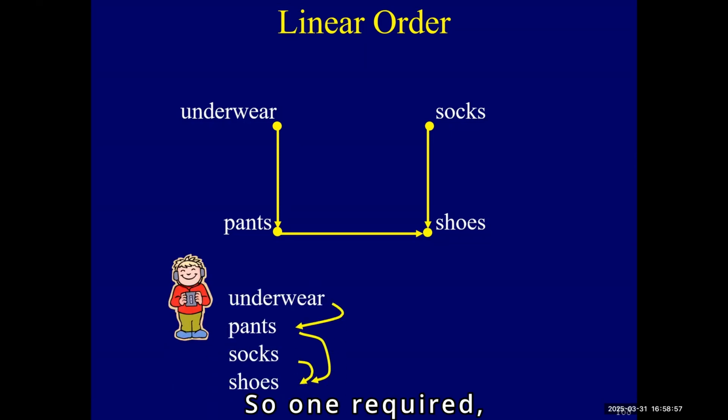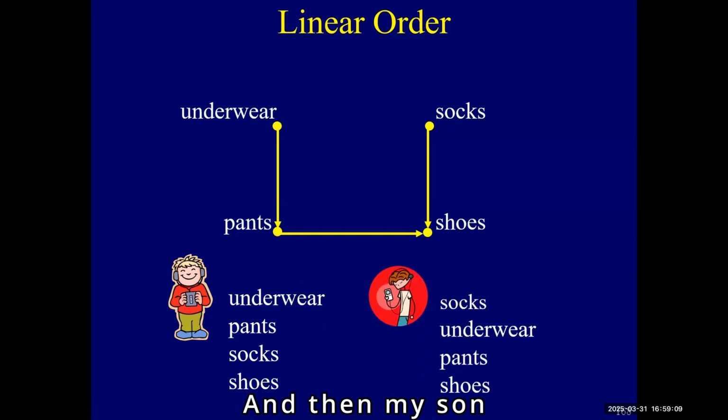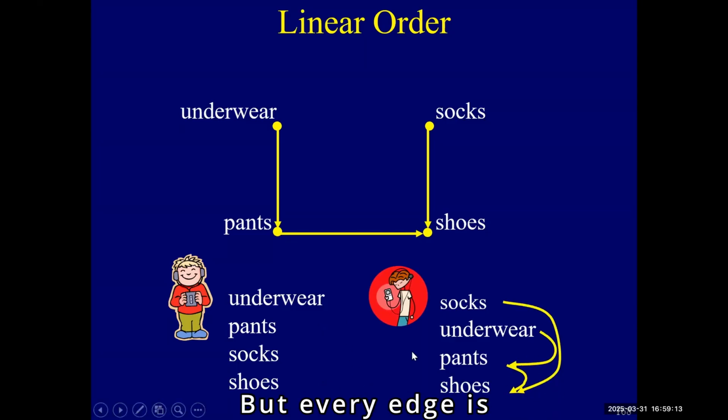So one ordering is this, and this is probably your standard ordering. You'll see for every edge, it's going forward in the ordering. And then my son comes along and puts on his socks first, but every edge is still going forward. These are two different total orderings, and we say the total ordering respects the partial ordering.